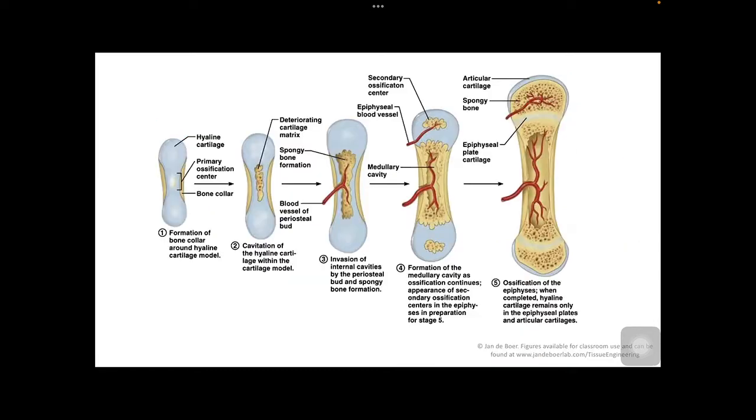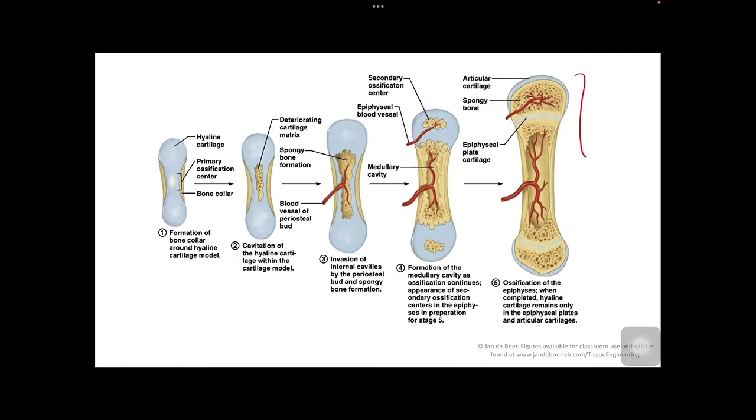Going forward, we will talk about how cartilage can be used to drive bone formation. When the fetus is being developed in the mother's womb, limbs like the arms or the legs will start developing. This is an example of the developing femur.